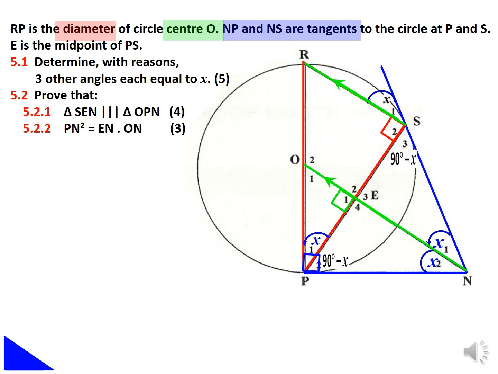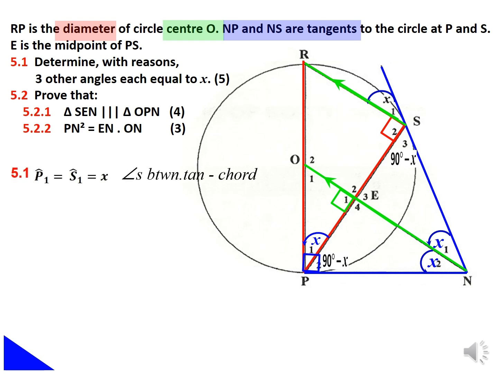Now that we have put our information together, we know what we are dealing with. We can now start answering the question. Number 5.1, determine with reasons the angles that are equal to x. We have done that already.